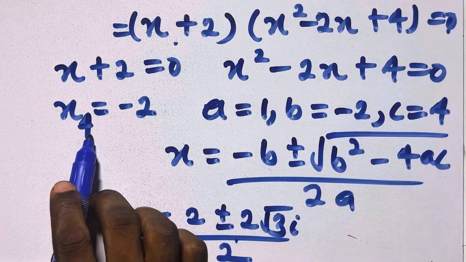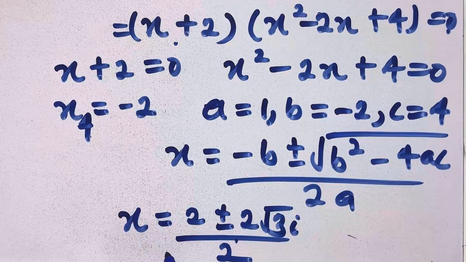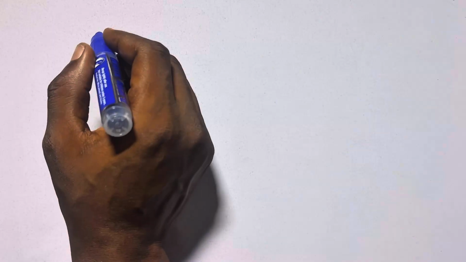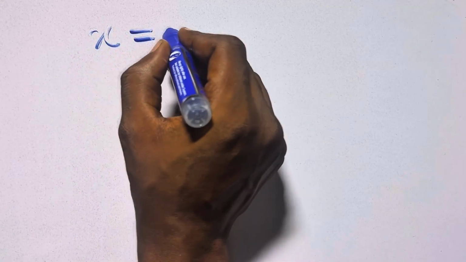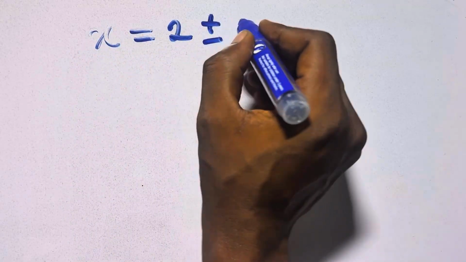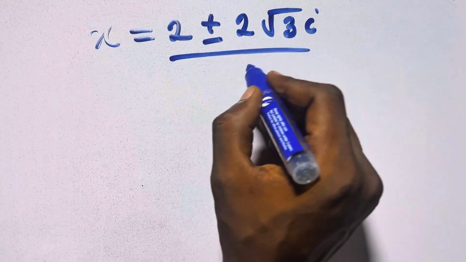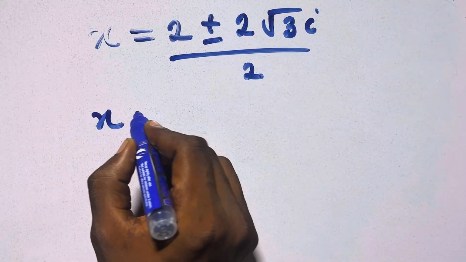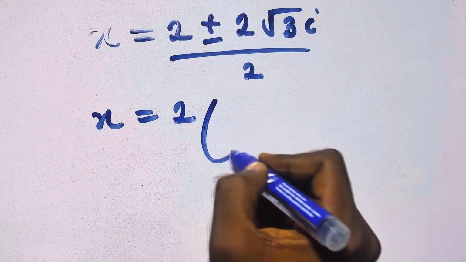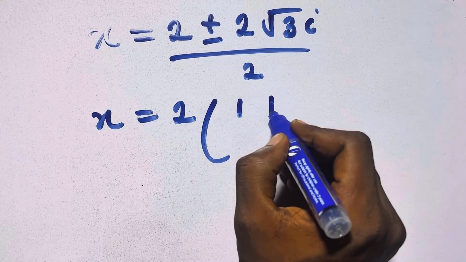Alright, so this is what we got. And remember, we have two solutions here. So this one is x4, this one will be x5 and x6. So we've gotten our 6 solutions. Let me list them out. The final x we have is x equals 2 plus or minus 2 root 3i divided by 2.